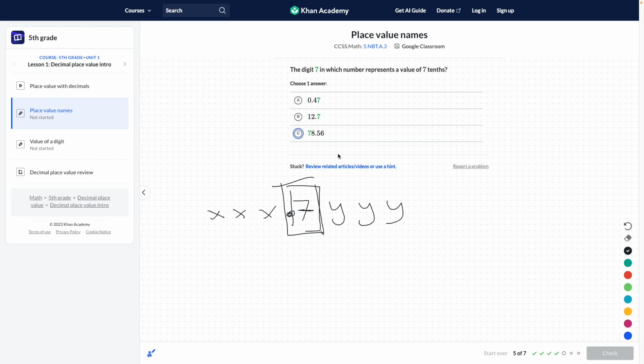Well, we can see here that this one is the hundredths, because it's 1 divided by 100, which is equal to 0.01. But this one is the tenths, so it's going to be this one. The digit 7 represents a value of 7/10 there.